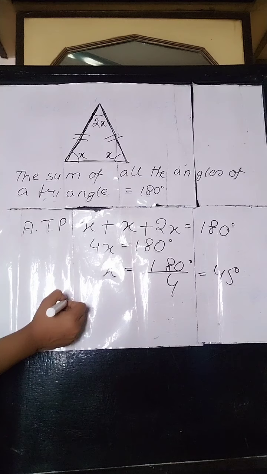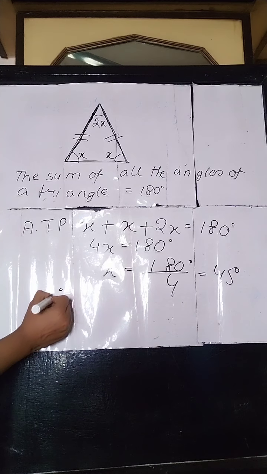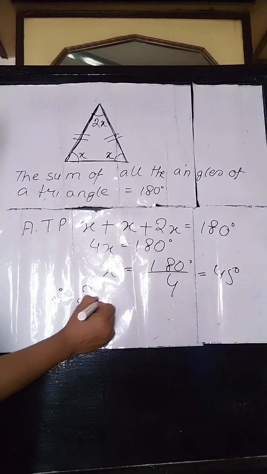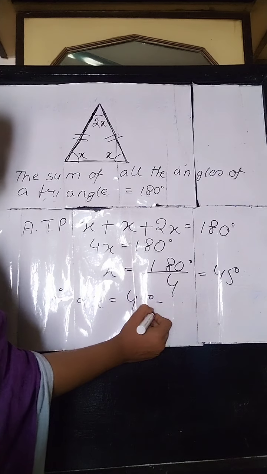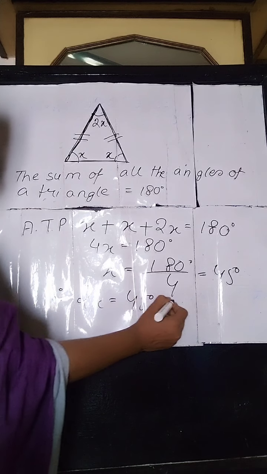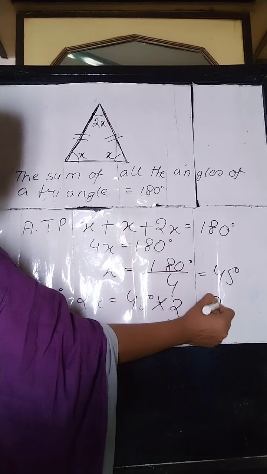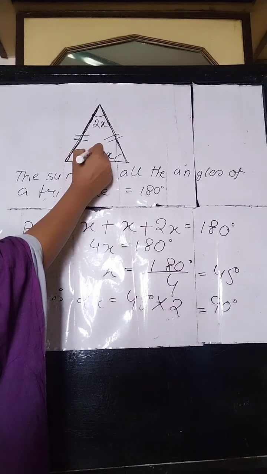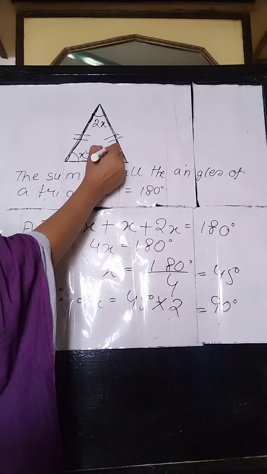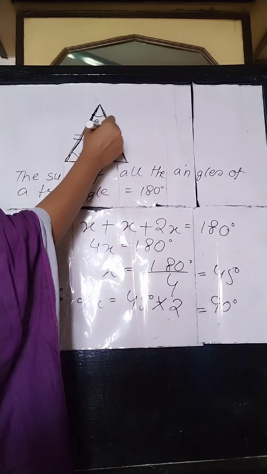So x is equal to 45 degree. Therefore 2x equals 45 degree into 2, that is 90 degree. So x is 45 degree, x is 45 degree and 2x is 90 degree.